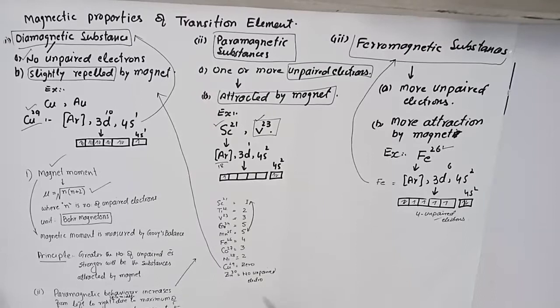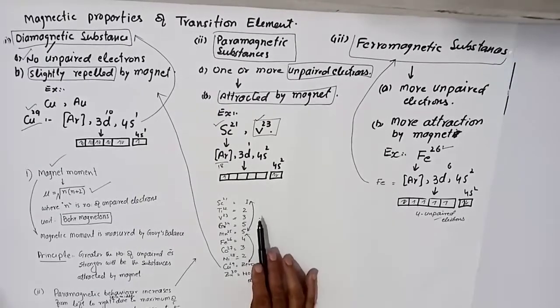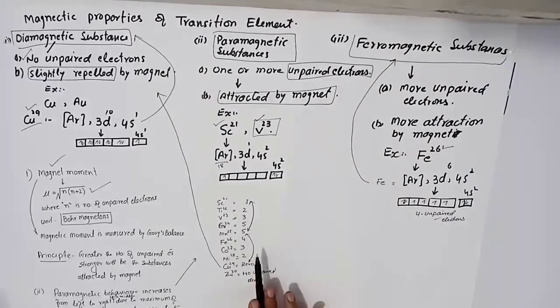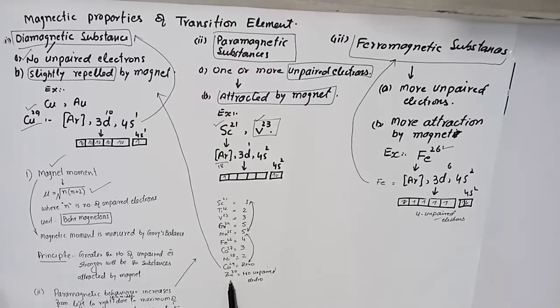Then from manganese to copper it decreases. So the paramagnetic properties also increase up to manganese, while they decrease up to copper, and there is no repulsion or attraction of zinc by a magnetic field.